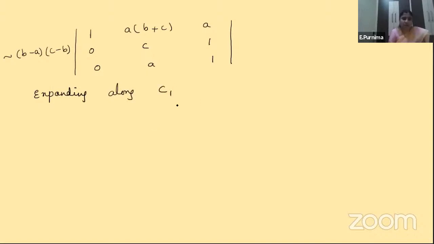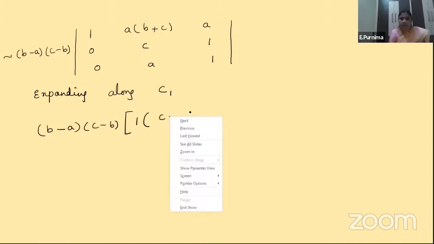Expanding along C1, what is the determinant, children? Already outside we have B minus A into C minus B. Now 1 into this, where this row and this column are eliminated. So what is the cofactor here? C into 1 minus A into 1.